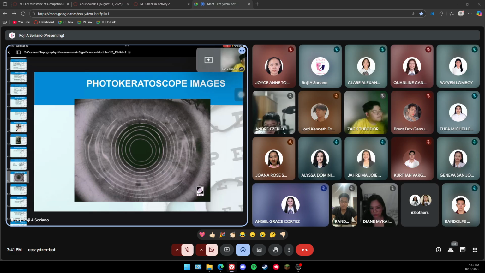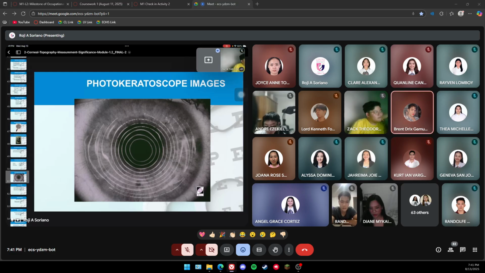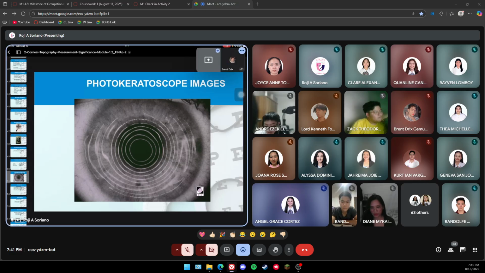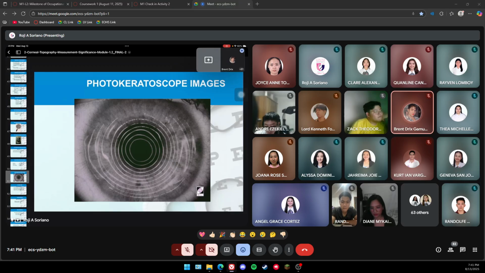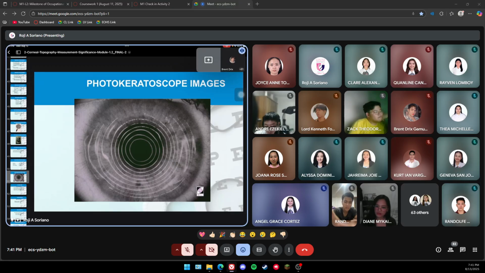What is this? Can someone explain what you're seeing? How are you going to interpret this? Go ahead. Distorted mires po. Distorted. So if it's distorted, what's your interpretation? Ectasia po.